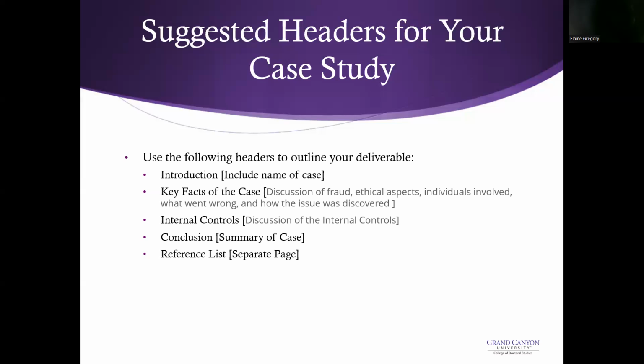So, introduction, 1 paragraph, introduces us to what we're going to read. The key facts of the case, 2 to 3 paragraphs. Internal controls, 1 to 2 paragraphs, depending on what the internal controls issues were. Conclusion, 1 paragraph, and then your reference list.